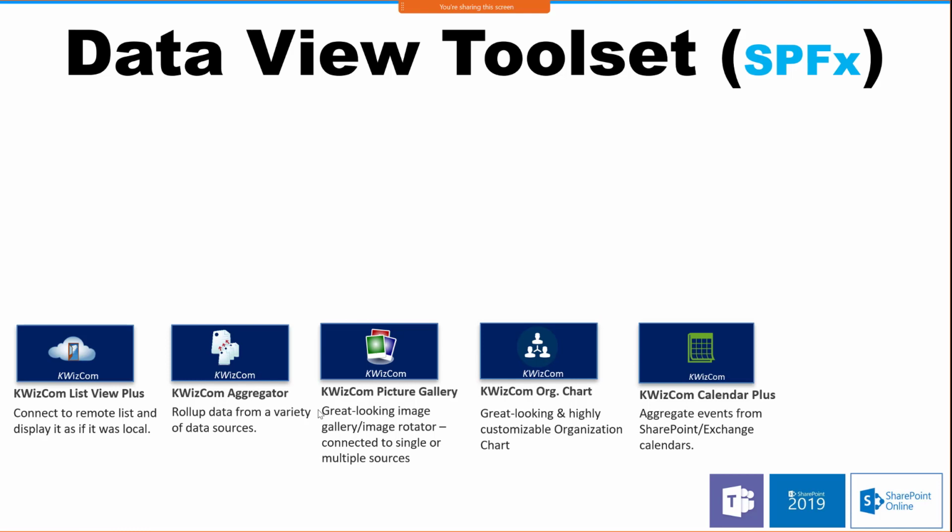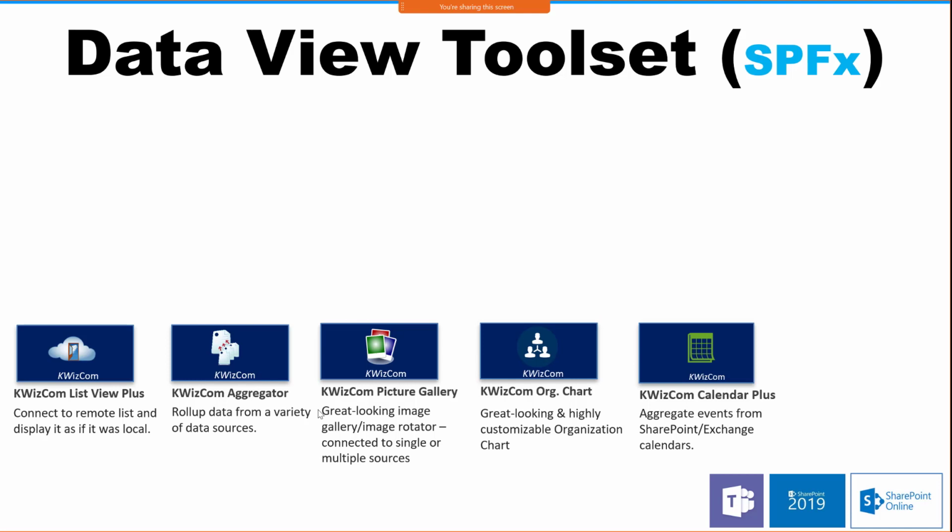So what are we talking about? We have several web parts. We have the list view plus, which connects to a local or remote list and displays that list in enhanced UI. We have the aggregator, which can aggregate data from many sources and display them in various ways, and so on.